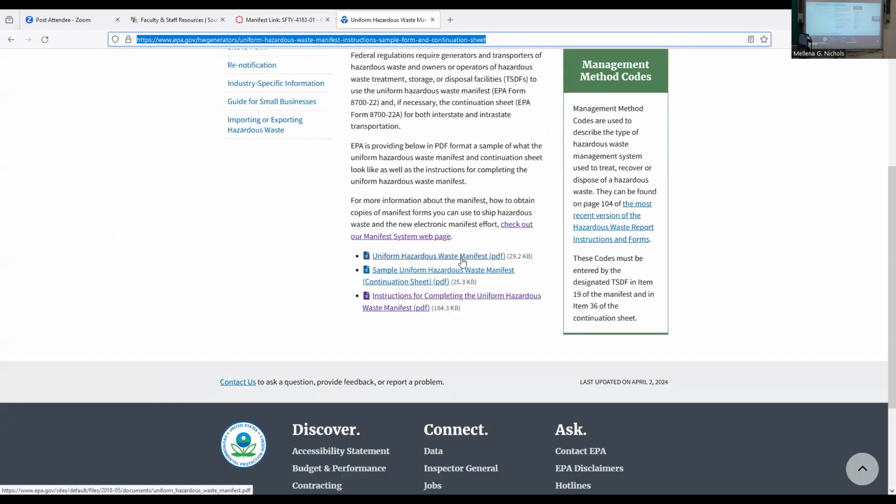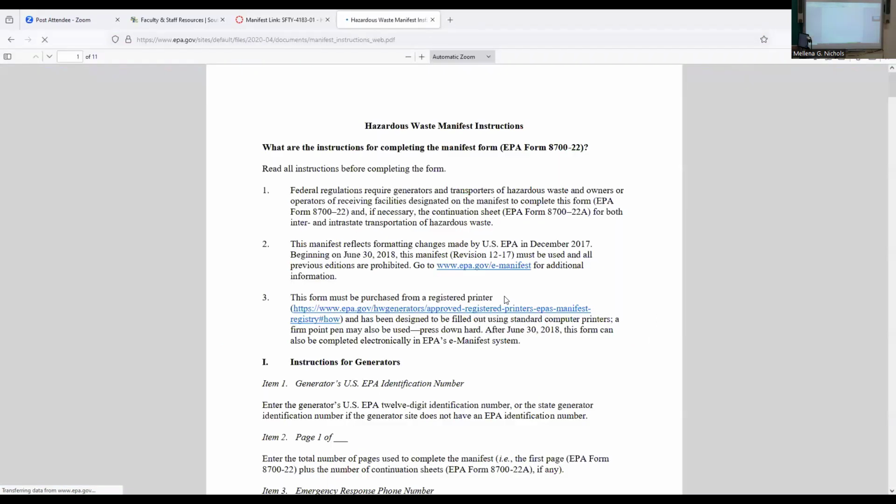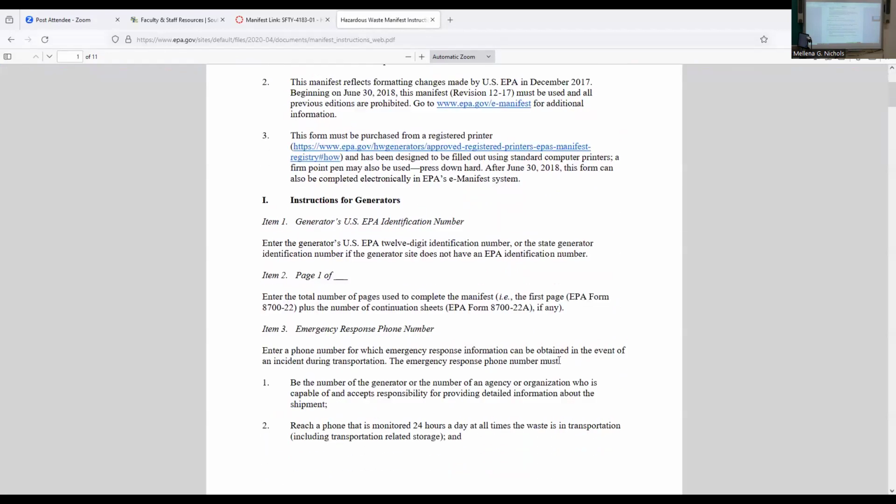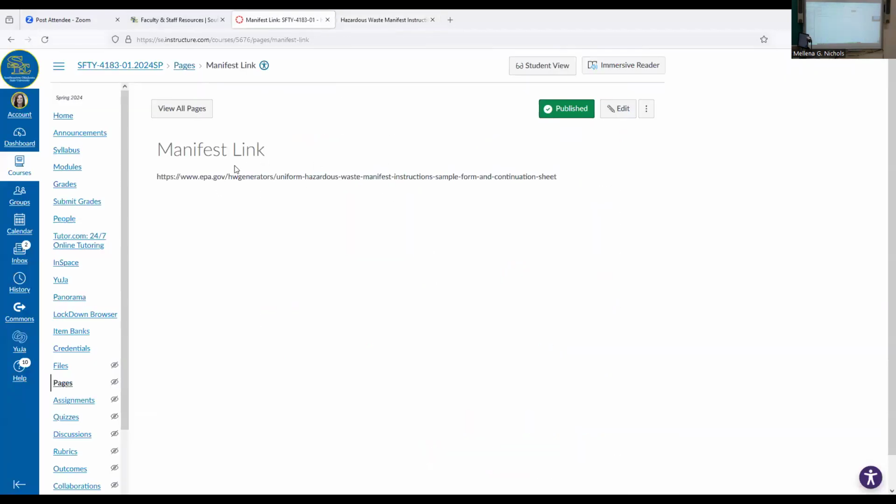All right, so when you open the manifest, you've got the instructions for the manifest right here. That's the same instructions that are in Canvas. If you followed that link, it's going to take you to this. That's the ones that you have in your hands today.